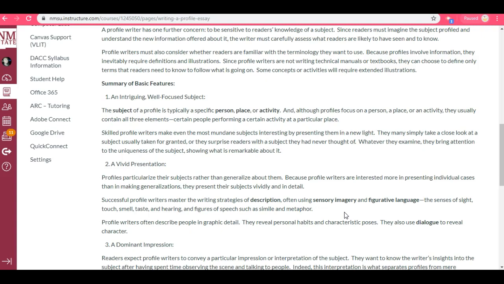Anything that you hear, see, or smell in these places, definitely describe. Also use figurative language. That way we can feel like we are there. That's one of the purposes of this essay, to feel as if you are there.